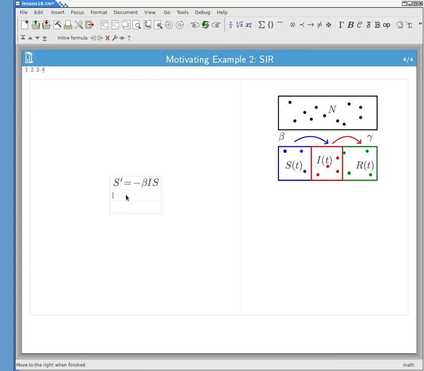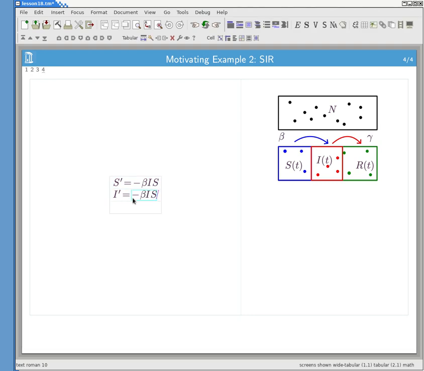Conversely, from the point of view of the infectious population, such a contact leads to an increase in the number of infected individuals. So this now is going to appear with a positive sign in the rate of change for the infected population.